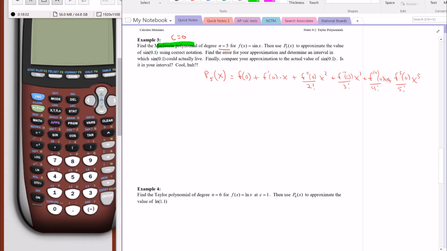Oops, I forgot x to the 4th over here. And so what you see is we need the function, the derivative of the function, the second derivative, the third derivative, fourth derivative, right?